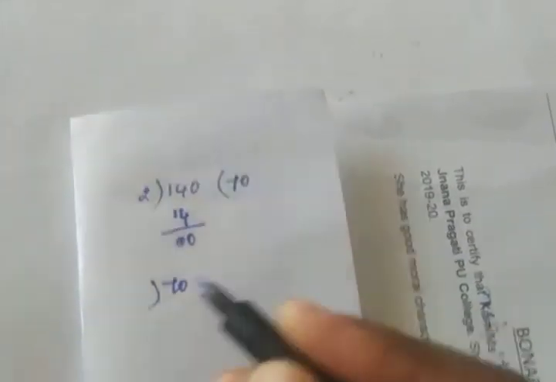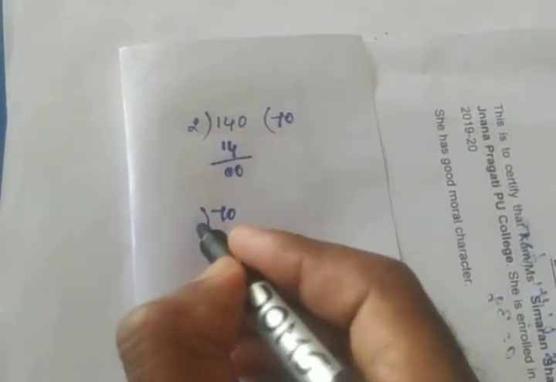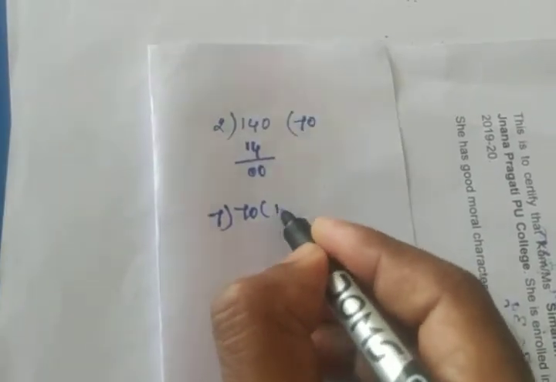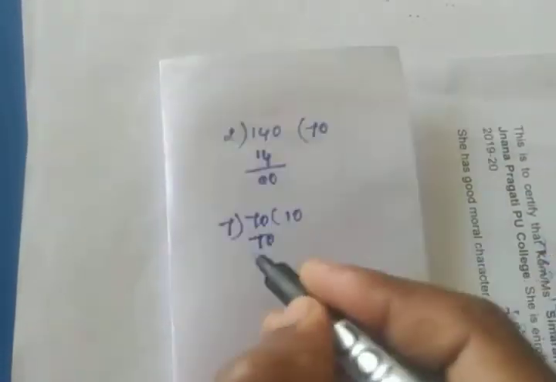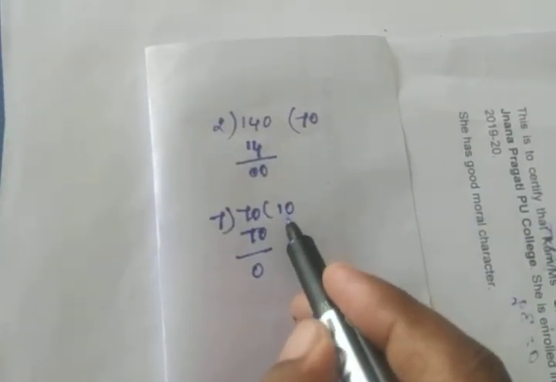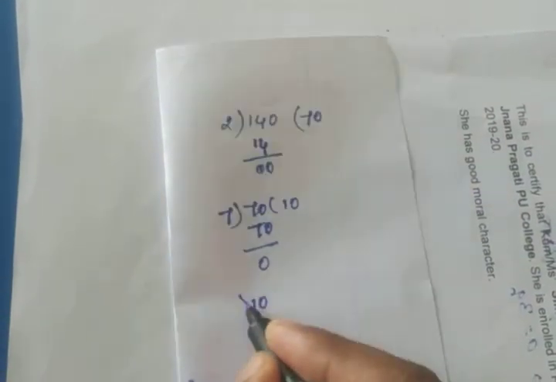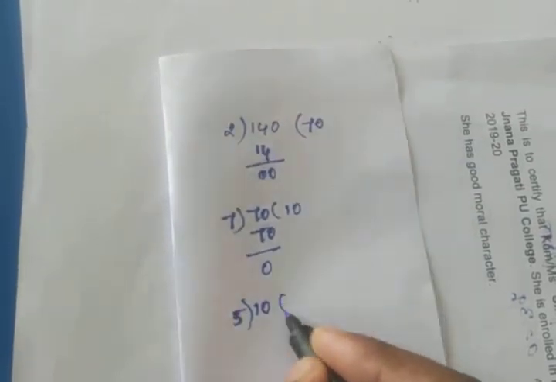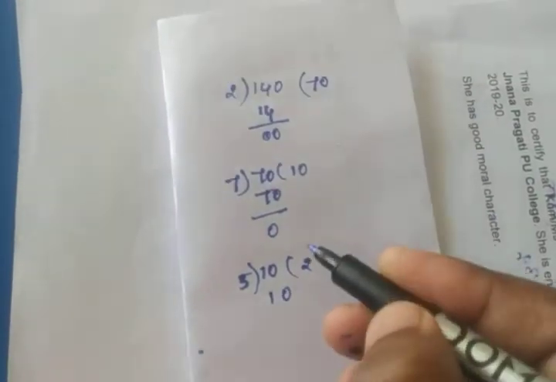We have to use only prime numbers. So 70 is divisible by 7. 7 tens are 70, the remainder is 0. The quotient is 10. 10 is divisible by 5. 5 twos are 10.